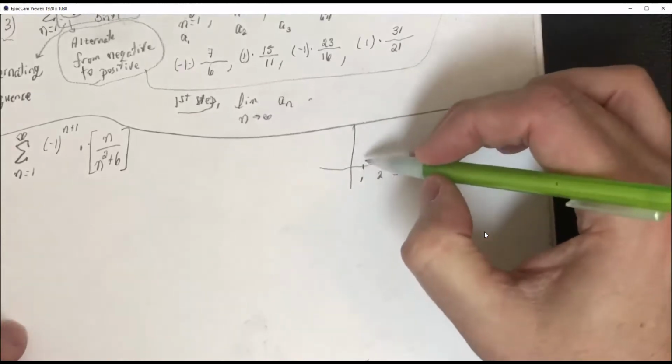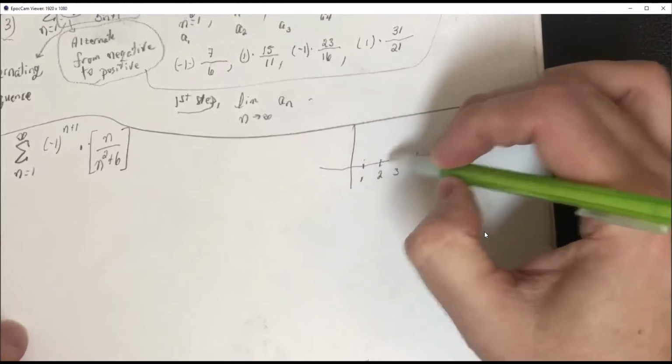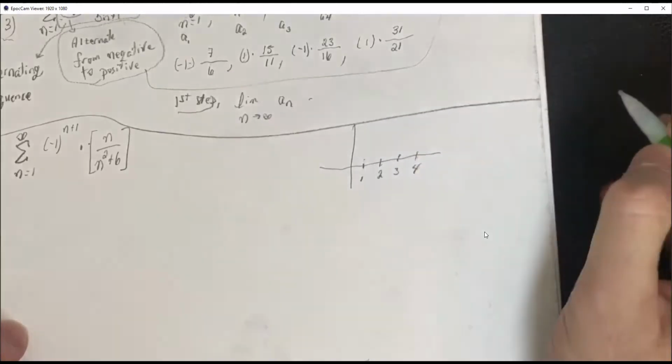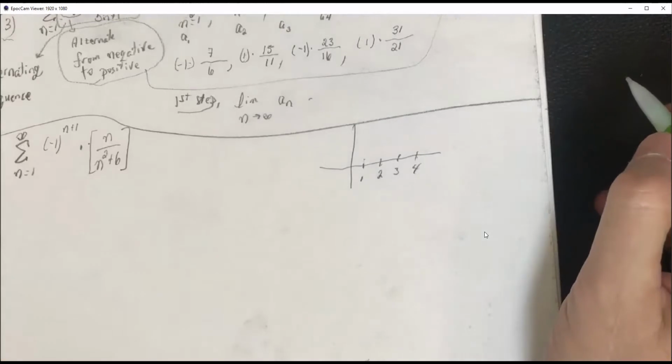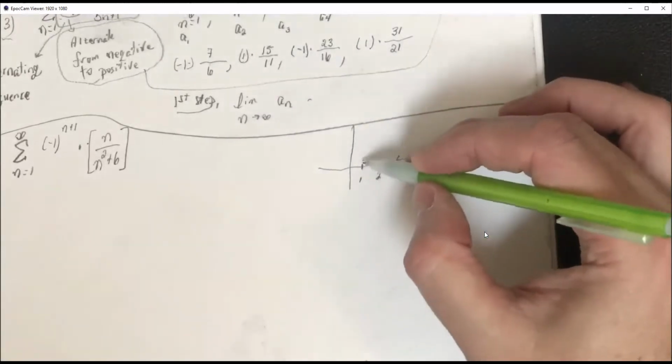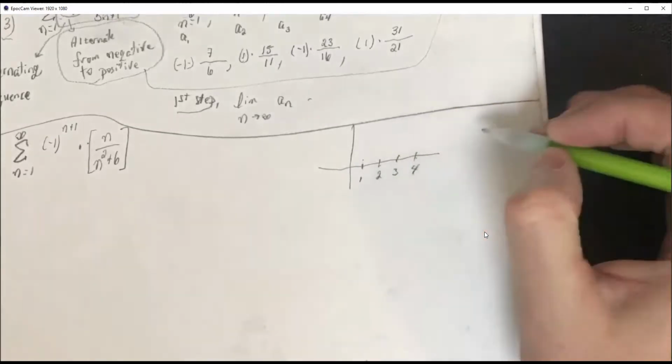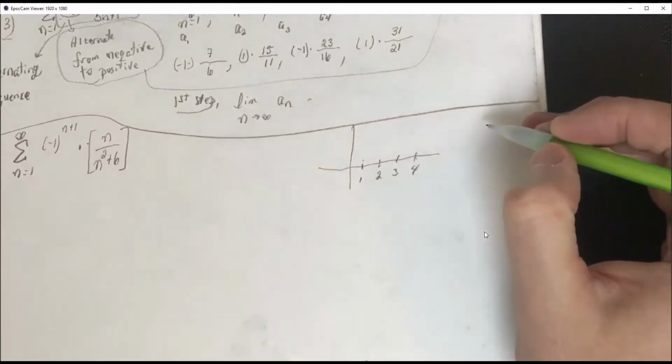If the terms alternate but get closer and closer to 0, then we have to further explore. If they alternate but don't get closer and closer to 0, then we're done.